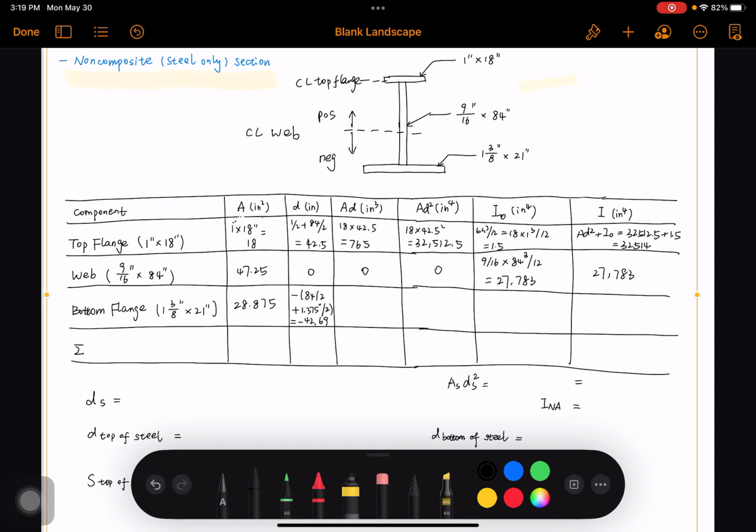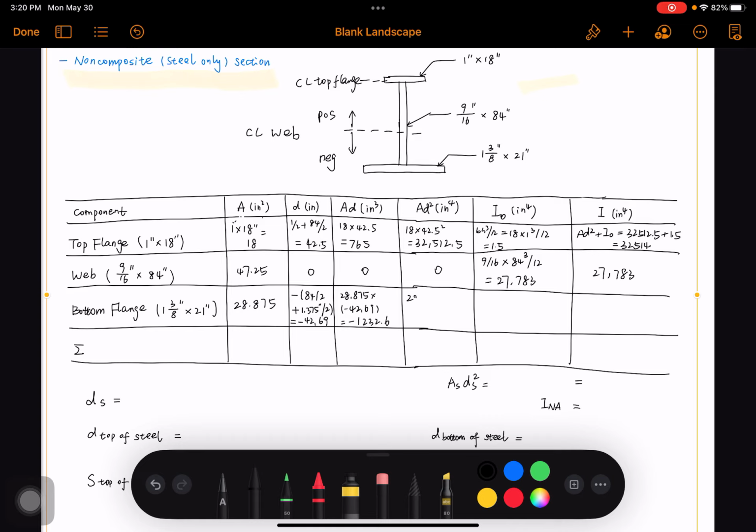Now again, AD squared is 28.875 times the negative 42.69 squared, which gives, this is AD, so it's negative, there's no square here, and which gives negative 1232.6.